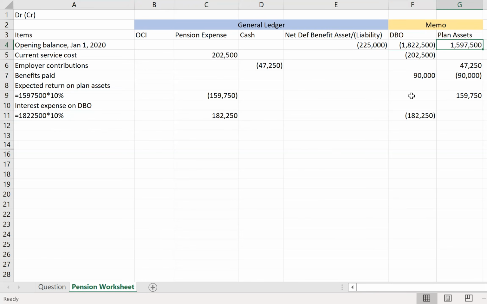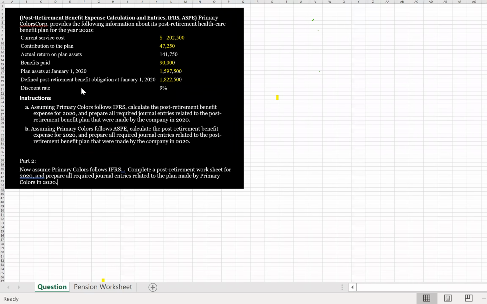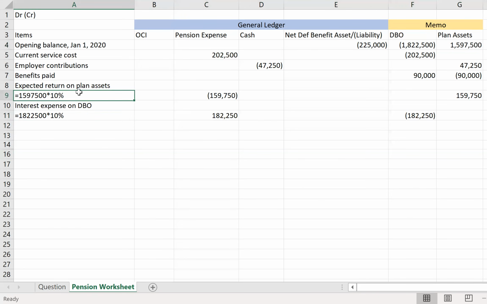On the books and records of the plan, you can see that these amounts are recorded in different sections. Okay, so next we're told, so we dealt with this. Oh, actually the discount rate was 9%. So let's just modify our calculations here. Sorry, I used 10% and I should have used 9%. I think I had 10% stuck in my head from a previous question. So let's just change these to 9. We can change our formulas.